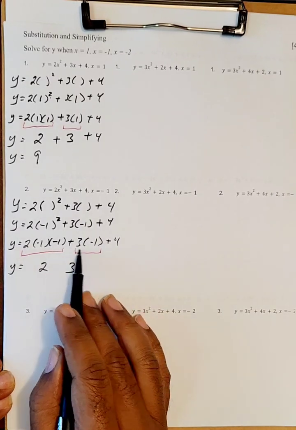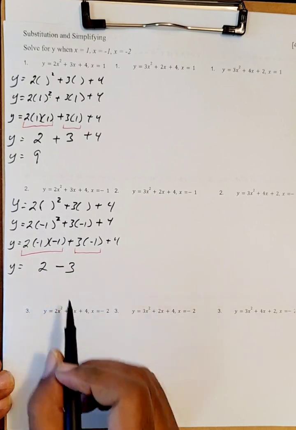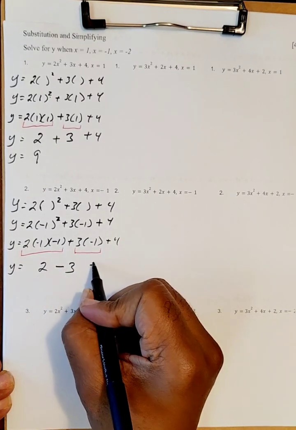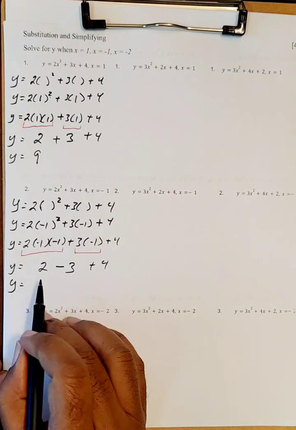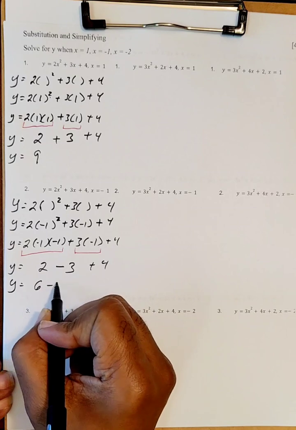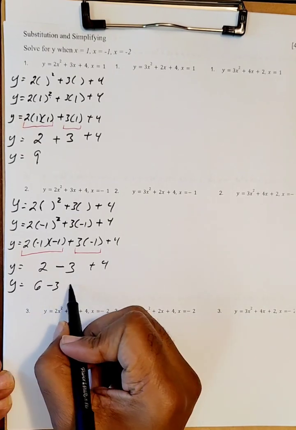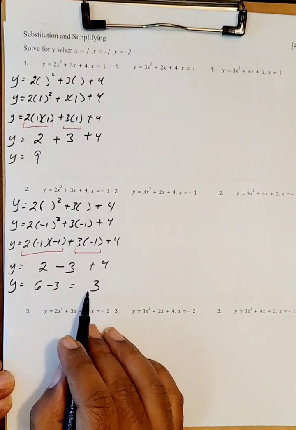And we're multiplying with a total of 1 negative. So when you multiply by 1 negative, the answer will be negative. And then the plus 4 at the end. Okay, same signs add. So we'll get 4 plus 2 plus 4, which is 6. And different signs subtract. So we're going to get a 3. And the bigger sign wins, which is positive 3.